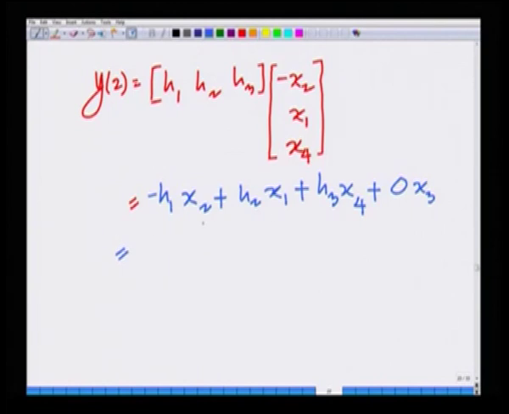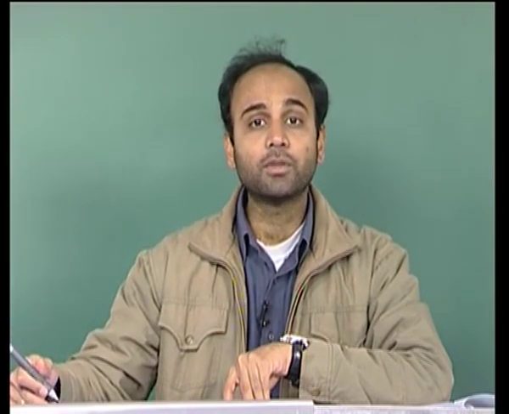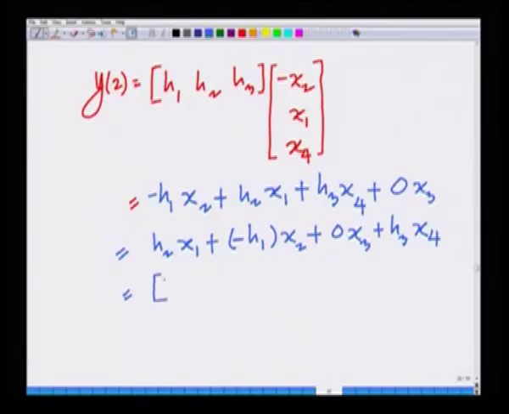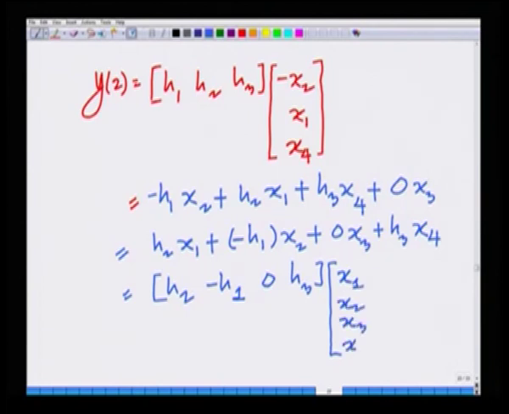I can rearrange this addition as h2 x1 minus h1 x2 plus 0 into x3 plus h3 into x4, and now I can rewrite this in vector form as h2, minus h1, 0, h3 times x1 x2 x3 x4.